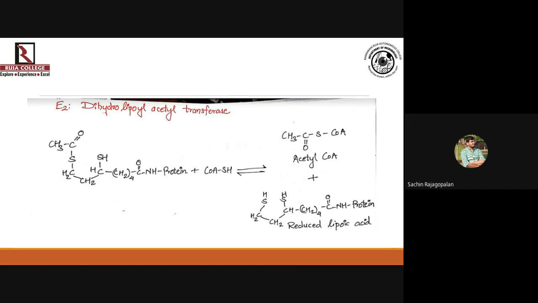So what we are seeing over here is whatever FADH2 is formed, we are oxidizing it back to its original form, which is FAD, and the electrons and hydrogens which come out of that are being shuttled to NAD. So you are in turn converting FADH2 to NADH because NADH is going to yield more ATPs as compared to FADH2.